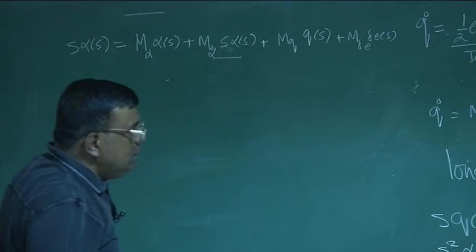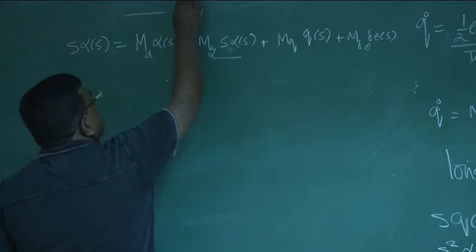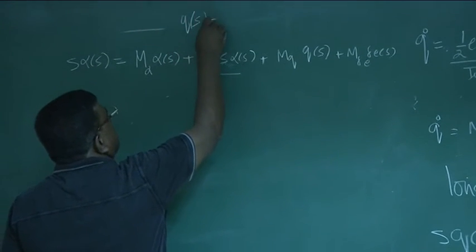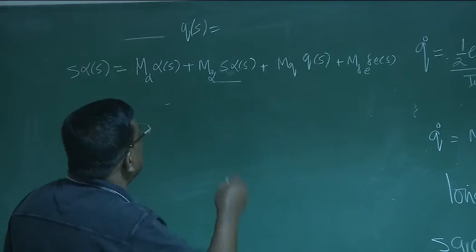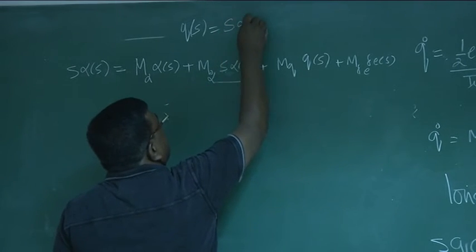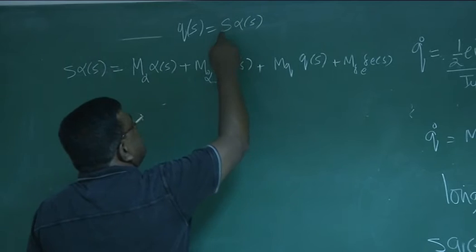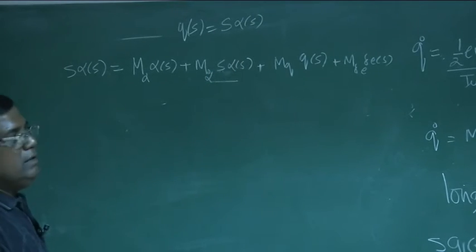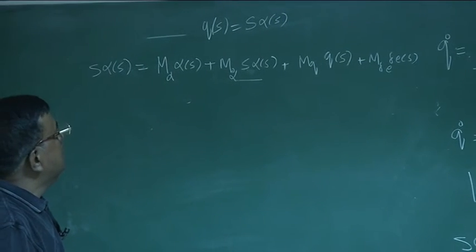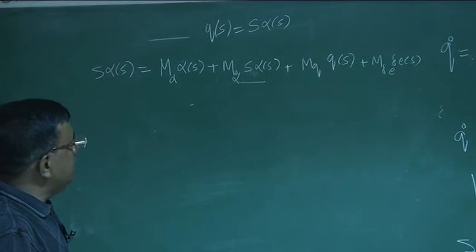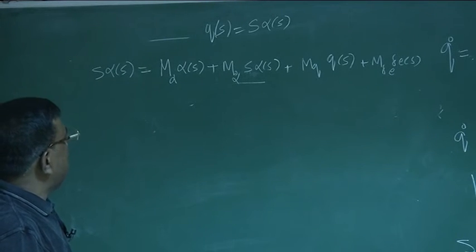But we know that Q of S, as you have already seen, equals S alpha of S. Generally it is customary to use a small cap s, but for clarity I am writing like this. So what do you get?